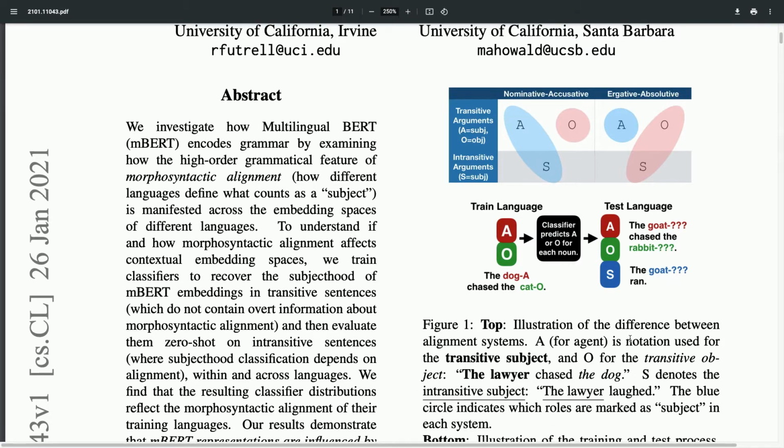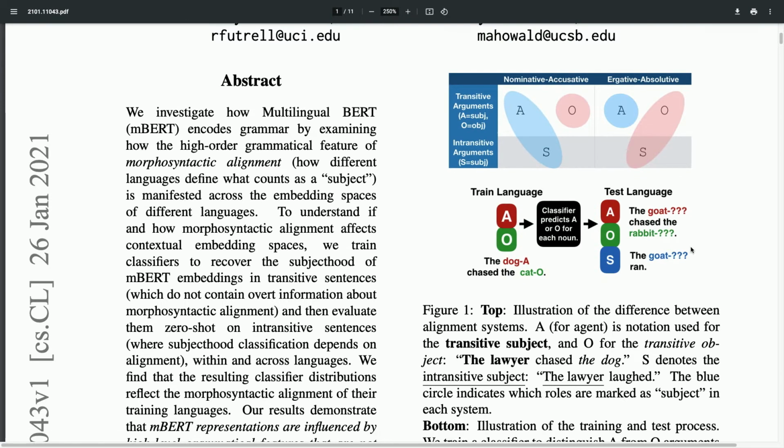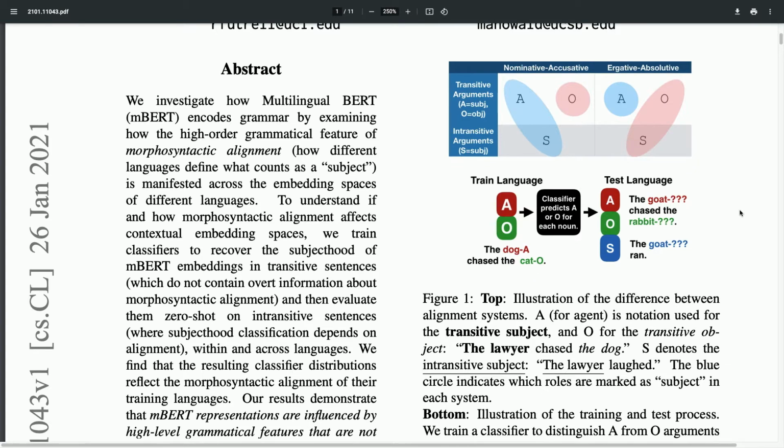And the authors investigate to what extent these classification models trained on these general purpose multilingual BERT embeddings are capable of performing this alignment task, which is pretty interesting to see, to what extent those multilingual embeddings are capable of learning knowledge that is useful to solve this task.